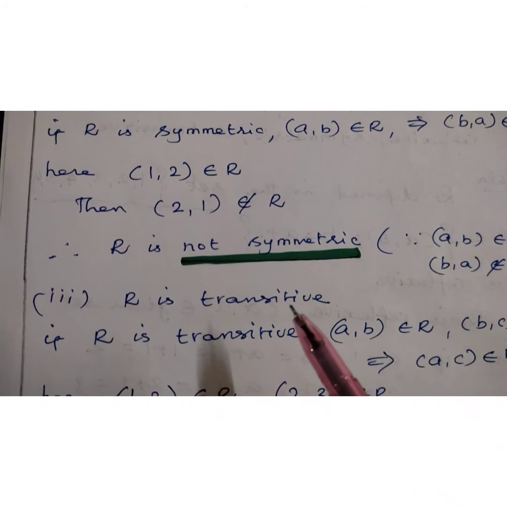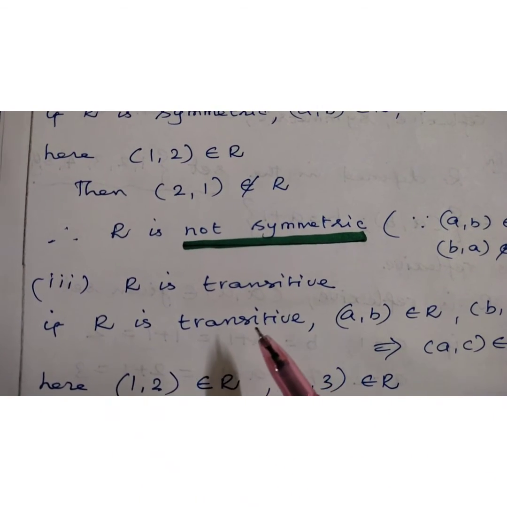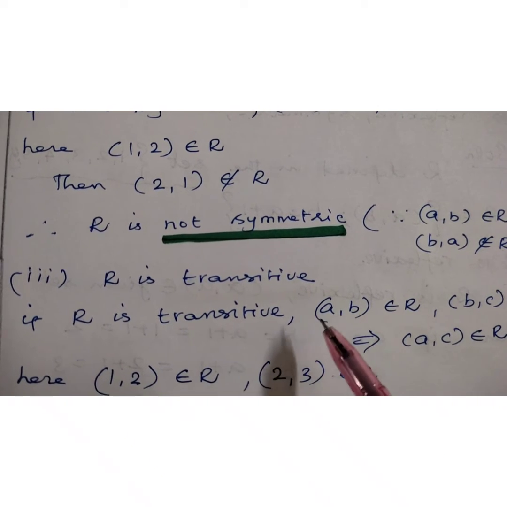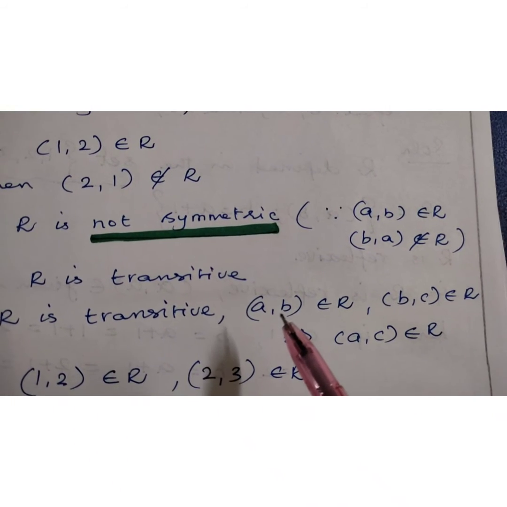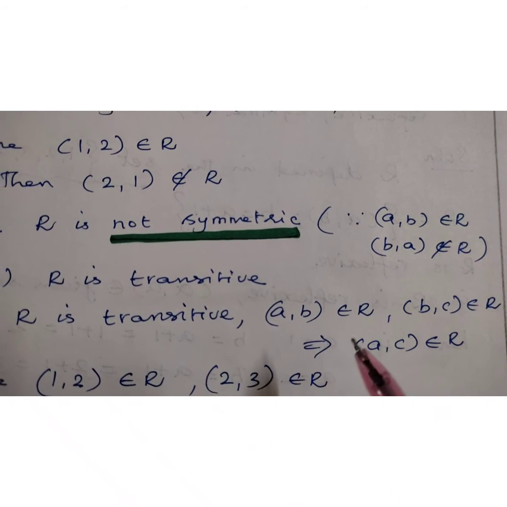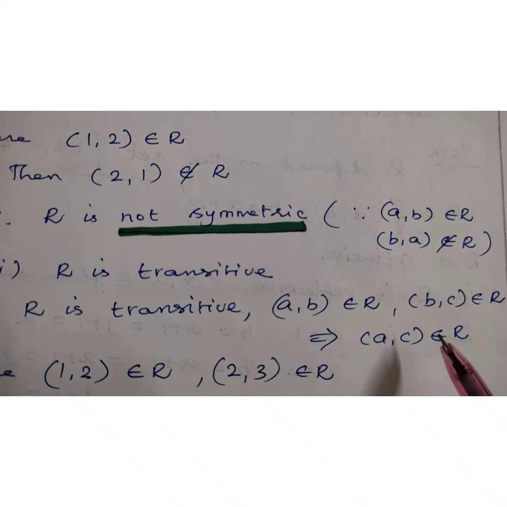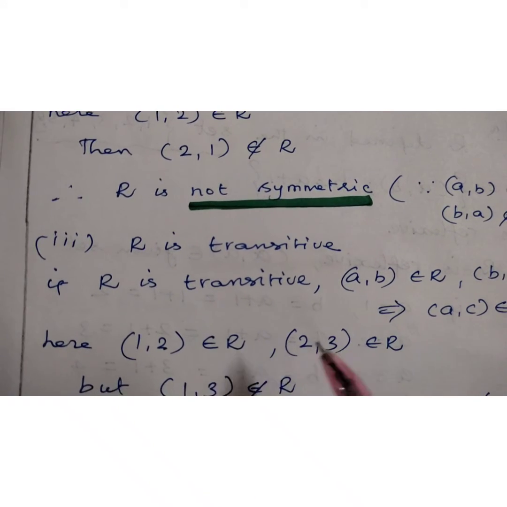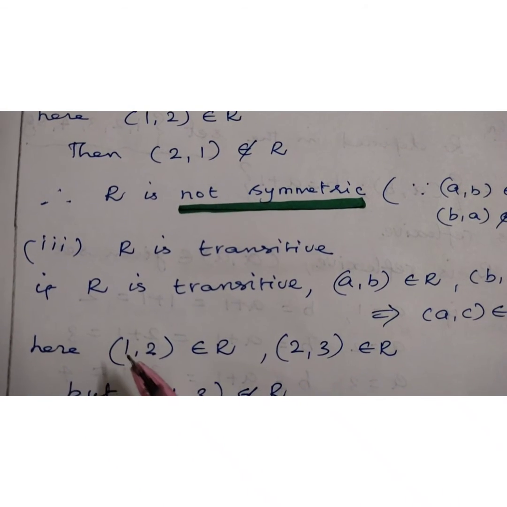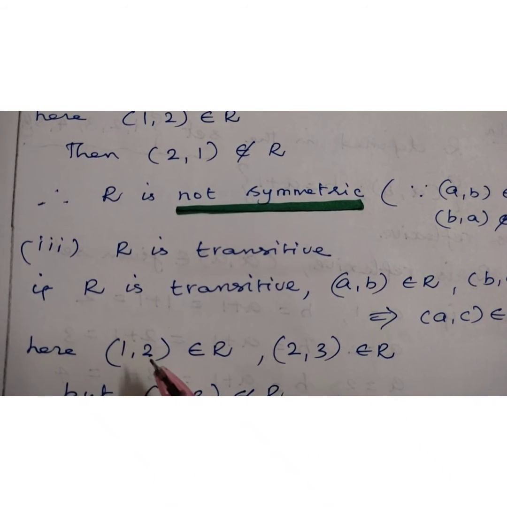The third one is whether R is transitive or not. If R is transitive, we know that the condition is A comma B belongs to R, B comma C belongs to R, then that will imply that A comma C belongs to R. Now we have one pair like this, 1 comma 2 belongs to R. Then another pair starting with 2.